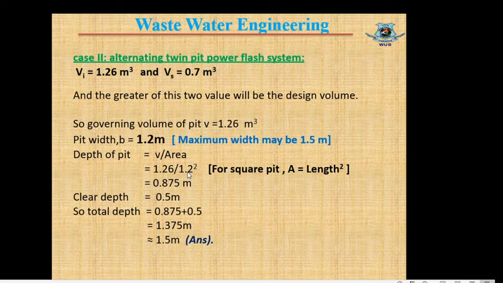So pit depth will be 0.875 meter. Now we add a clear depth of 0.5 meter, and the total depth stands at 1.375, and rounding this we will get 1.5 meter. So if we use a twin pit system, our total volume will be 1.26 meter cube, width will be 1.2 meter, and depth will be 1.5 meter.